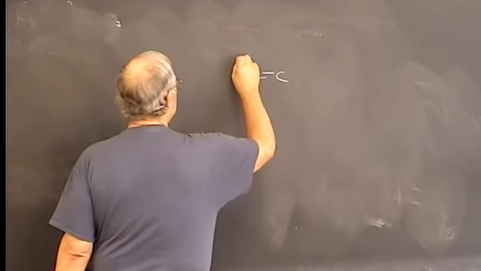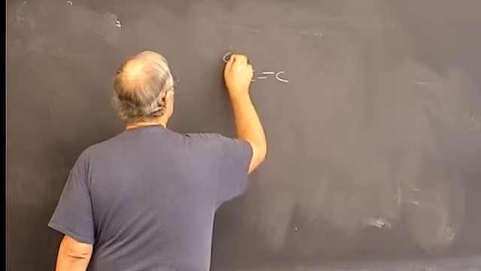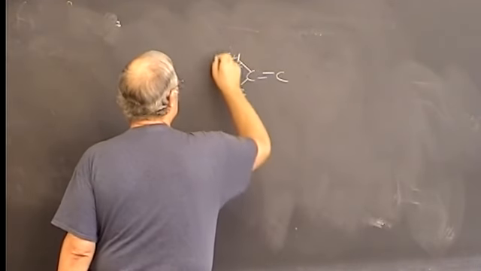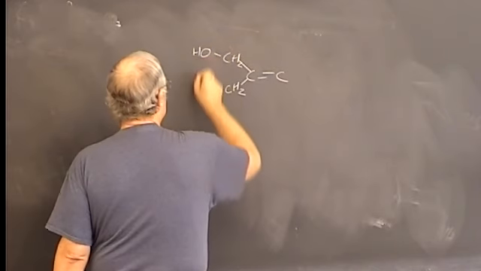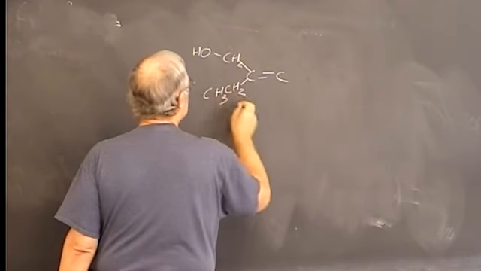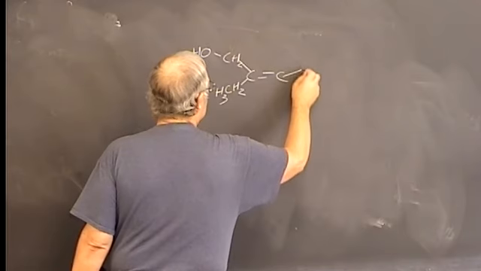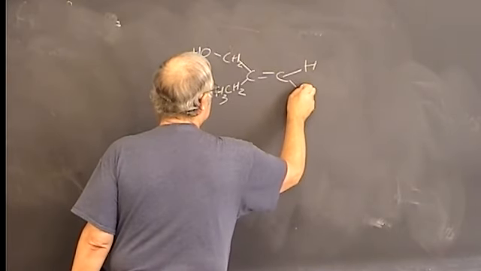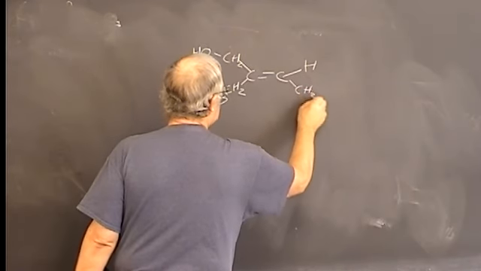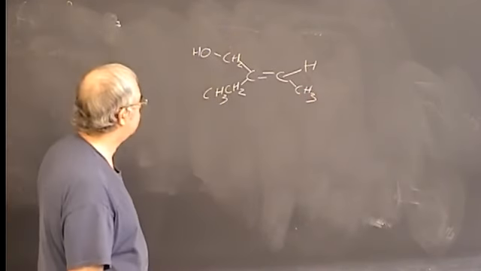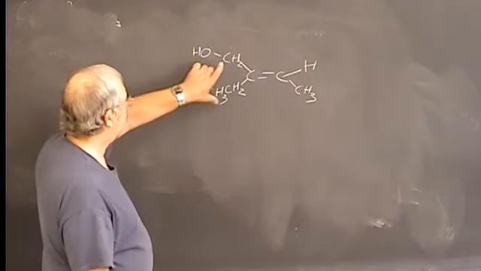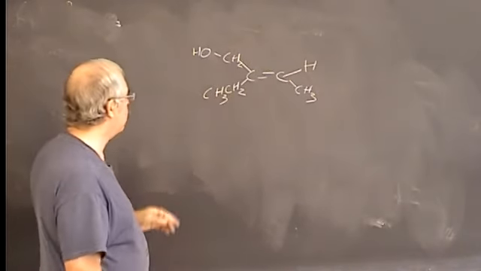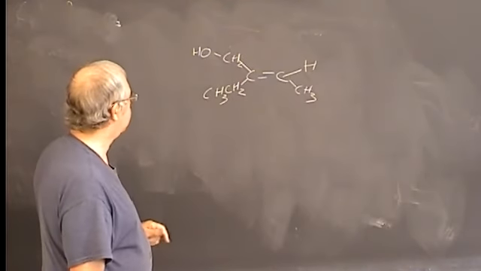For example, if I have something like this, if I were to switch these two groups or switch these two groups, but not both, I would have a different isomer.